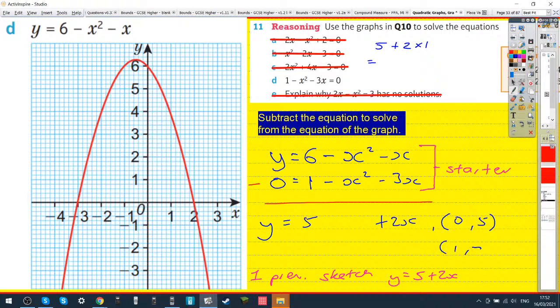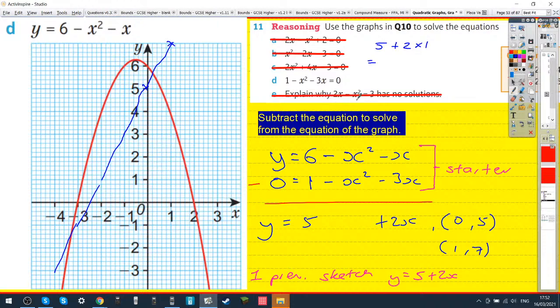And so (1, 7). So it goes through (0, 5), which is there, and (1, 7), which is there. And so it's 1 right, 2 up. So 1 left, 2 down. Okay.